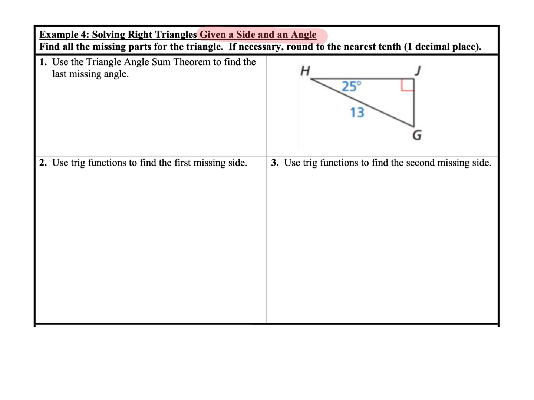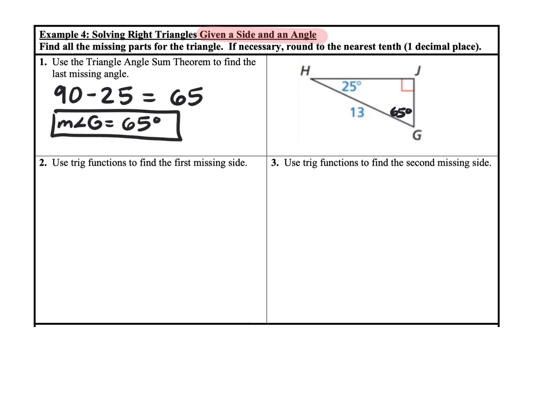So if I just take 90 minus 25, that is equal to 65. So that means that the measure of angle G is 65 degrees.